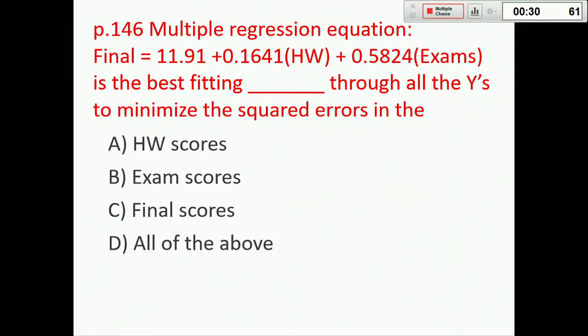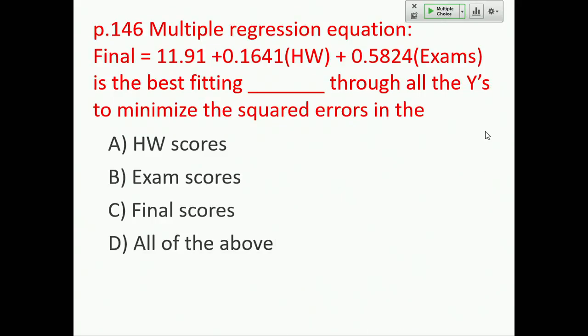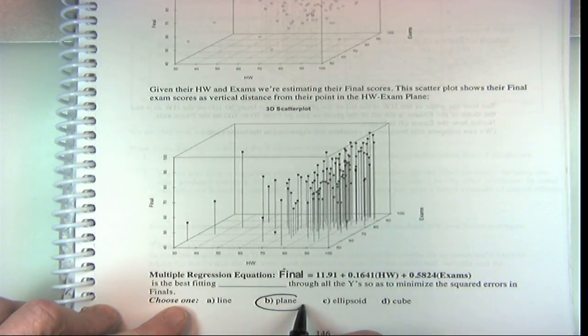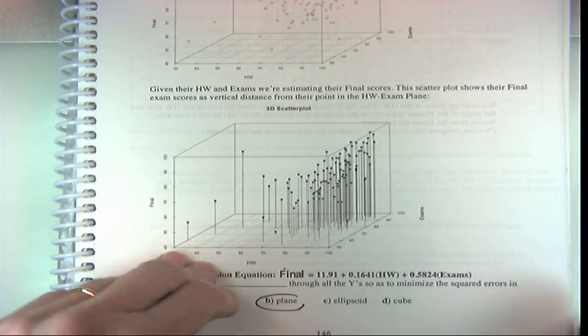Okay, I'm going to stop it in 3 seconds. All right, let's see. Its final score is C. Great. So now let's write that down. It's the best fitting plane through all the y's so as to minimize the squared errors in the finals.